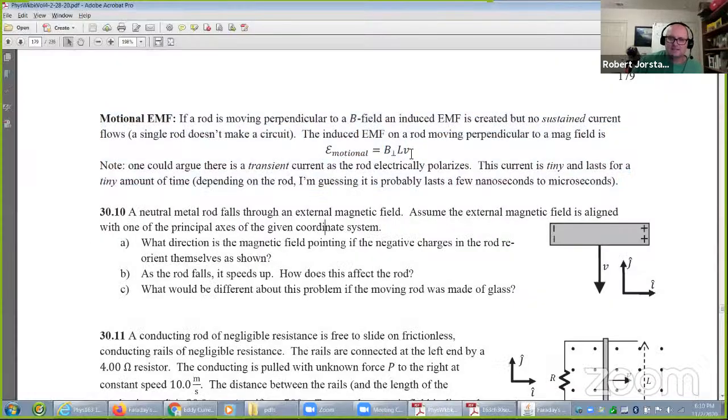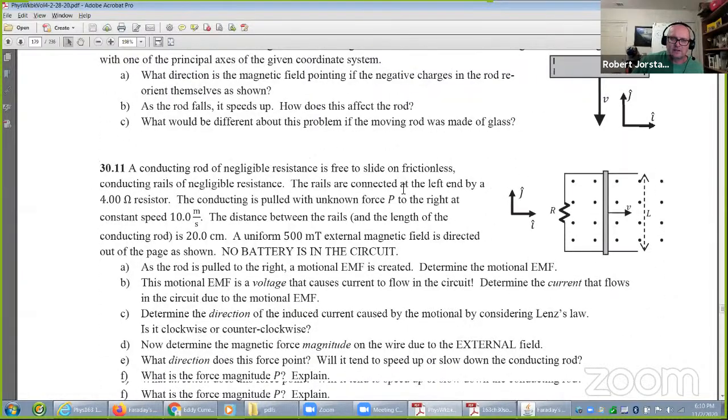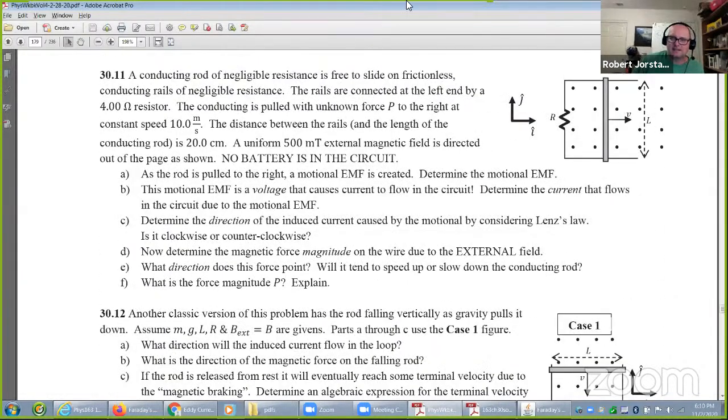The size of this induced EMF, sometimes called a motional EMF, is the amount of magnetic field perpendicular to the motion times the length of the rod times the speed. So if we go down into here, here's the idea.